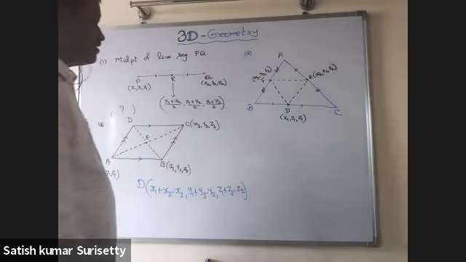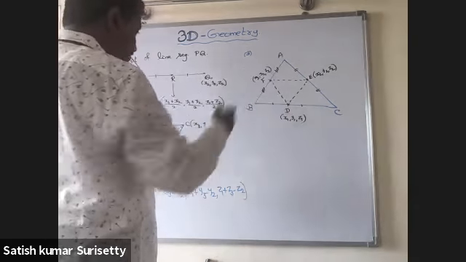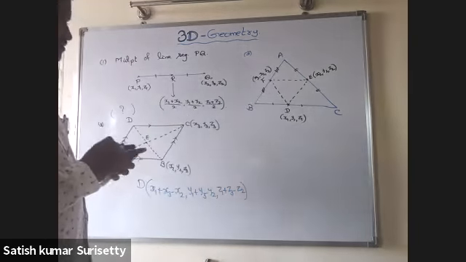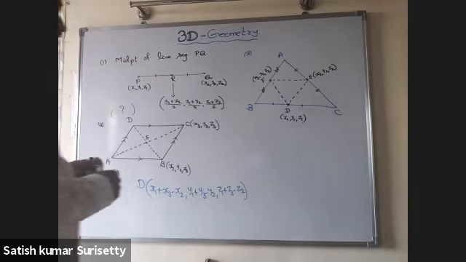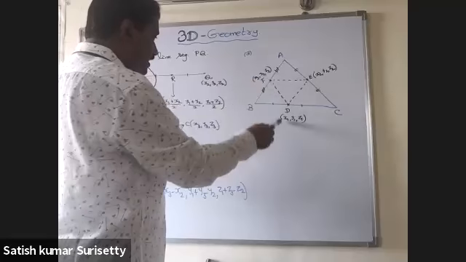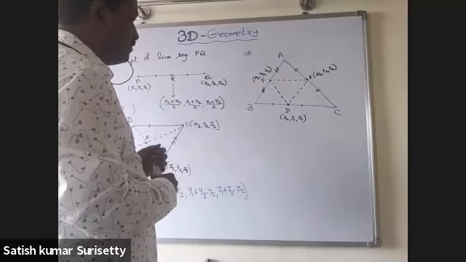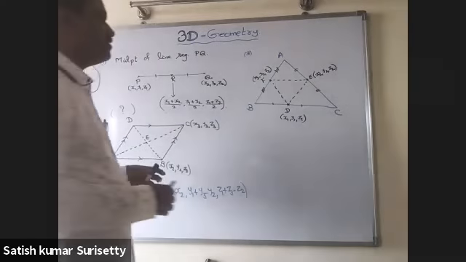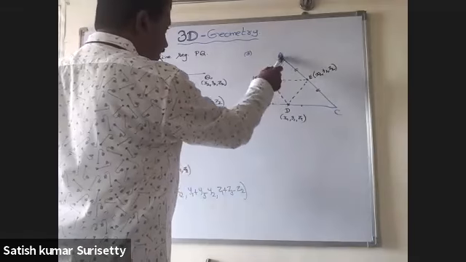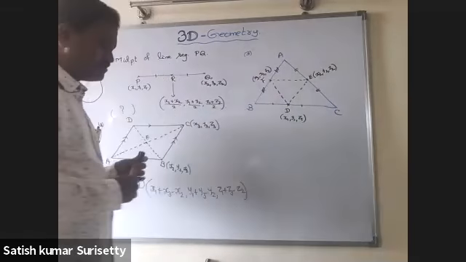Next, in triangle ABC, D(x1, y1, z1), E(x2, y2, z2), and F(x3, y3, z3) are the midpoints of BC, CA and AB respectively.